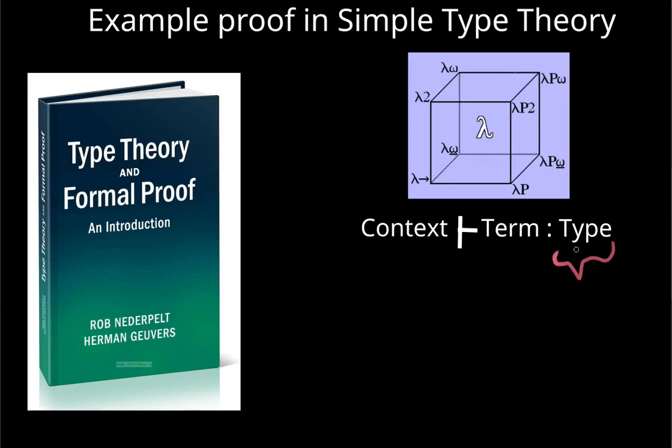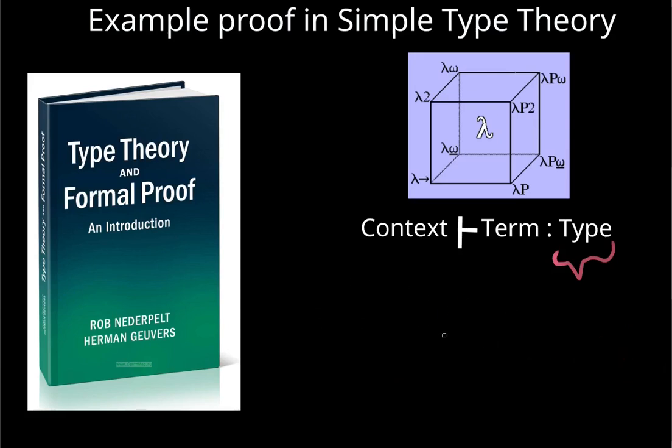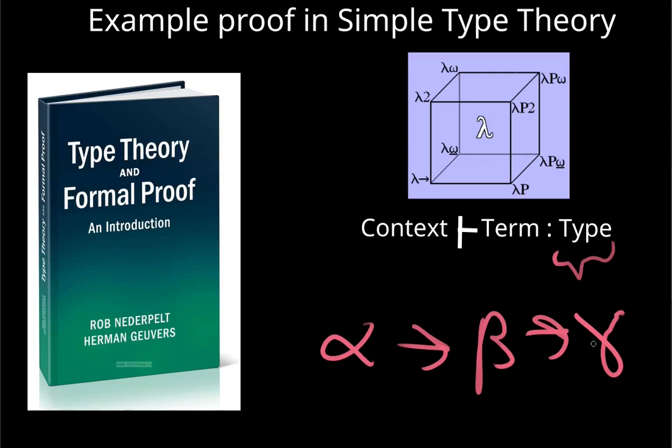So the type corresponds to something in logic. In the simple type theory, it just corresponds to variables with implication. The variables are written as Greek letters, so alpha implies beta implies gamma, something like that.